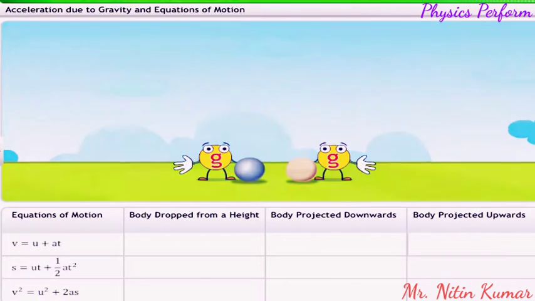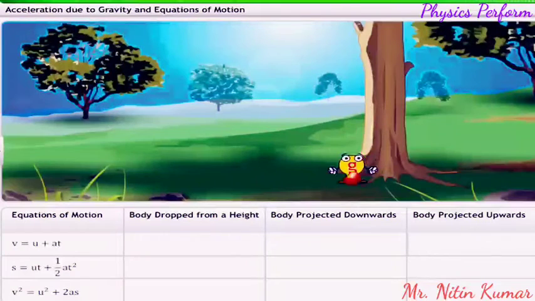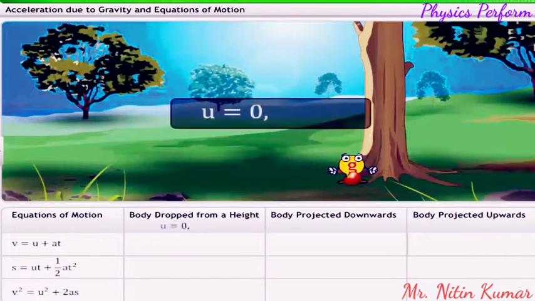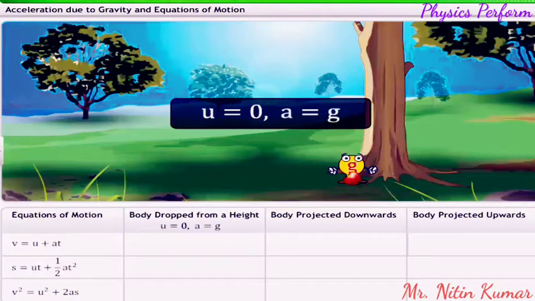The first one is a case where a body drops from a certain height. Here, the initial velocity of the body u is 0. The acceleration of the body a is the acceleration due to gravity g. This value is positive because the velocity of the body increases as the body descends.